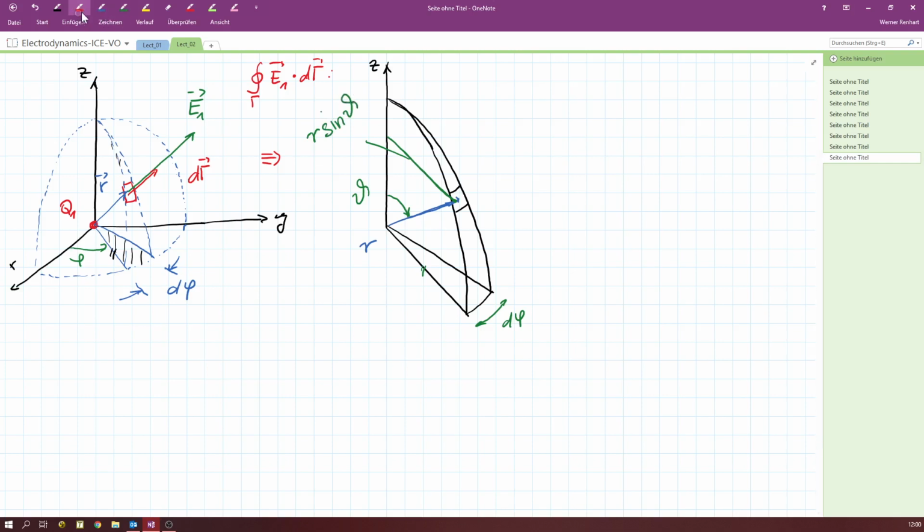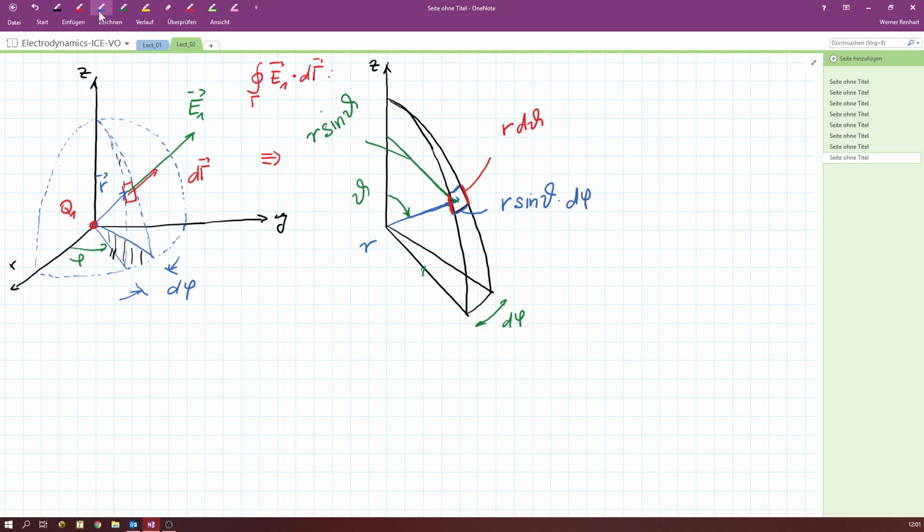So we can construct our surface element. This may be R times d delta, this part, as well as the other part, which is R sin delta times delta phi.